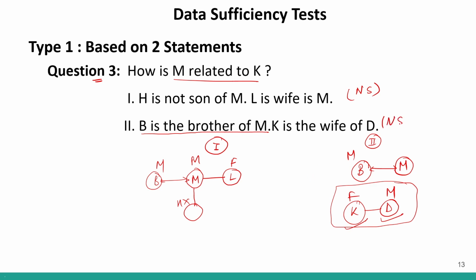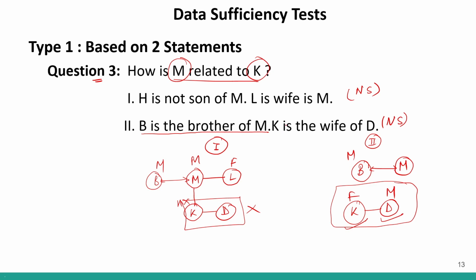Each of them alone was also not sufficient, and each of them even after combining is not sufficient to find the relationship between M and K. Correct? Because we don't know how many members are there in the family. We don't know whether we can get K over here or D over here or whatever. This much information is not given to us. The placement of K and D we cannot ascertain based on this much information.